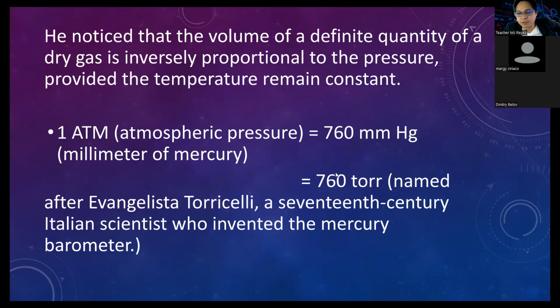We have sphygmomanometers that are automated, meaning battery operated, and some are analog, or with dials. So the unit used there is millimeter of mercury. The normal blood pressure is 120 over 80 millimeter of mercury. Question so far?